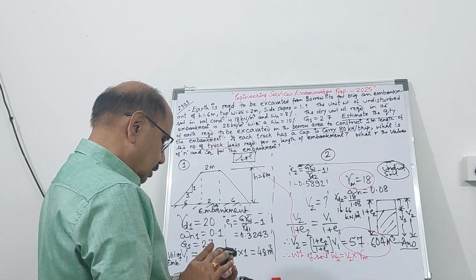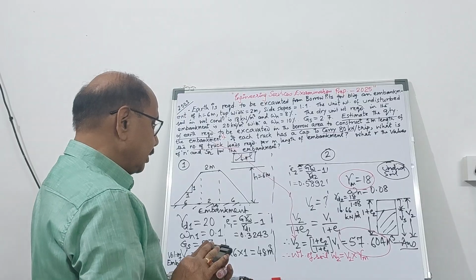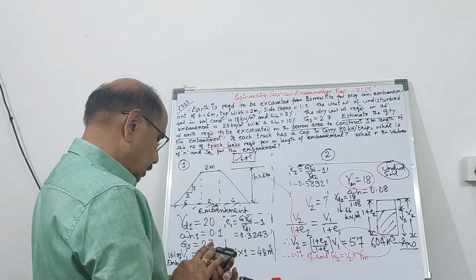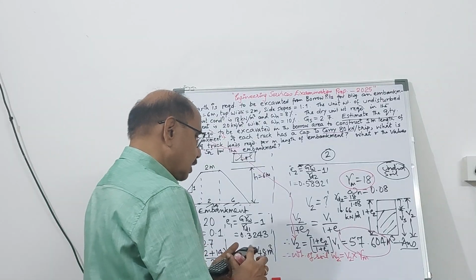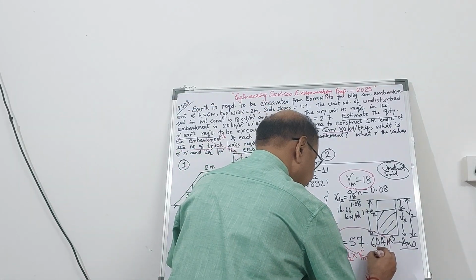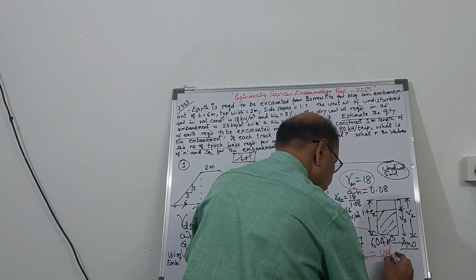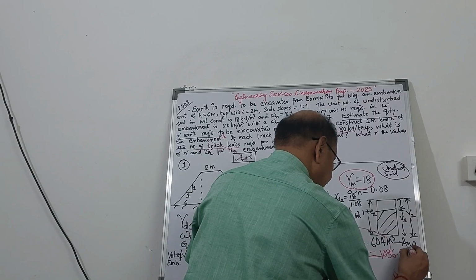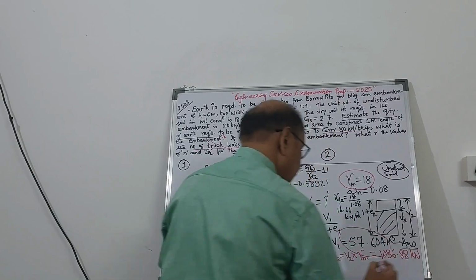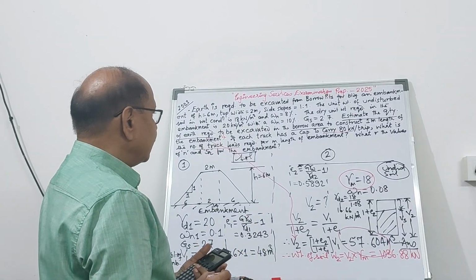So 57.604 multiplied by 18 comes out to be 1036.88 kilonewton. So that is the total weight.